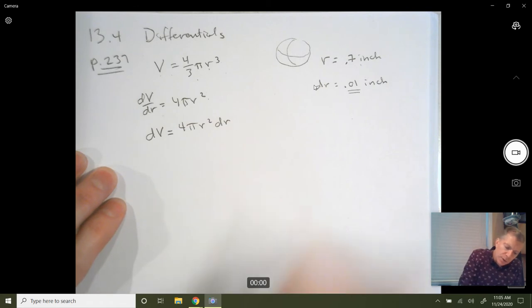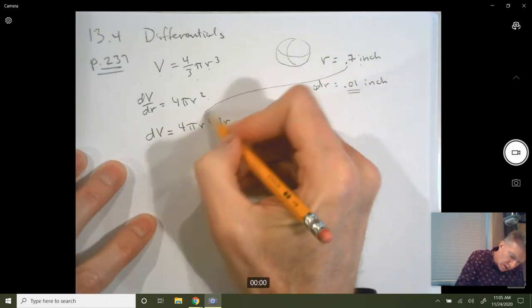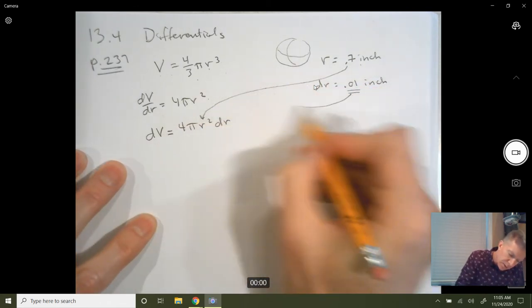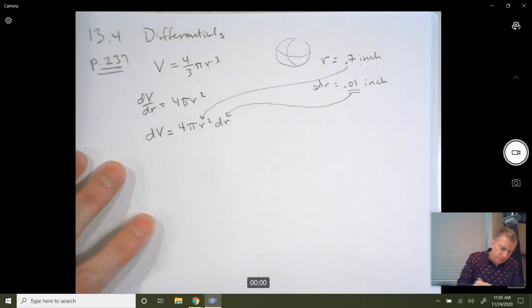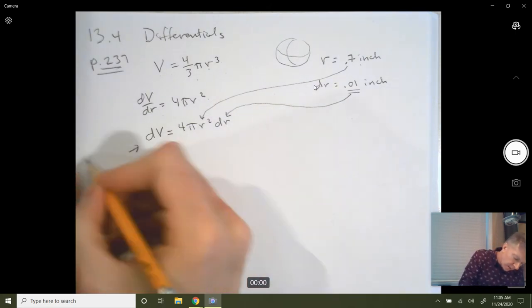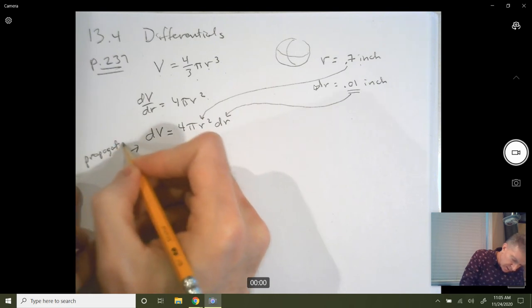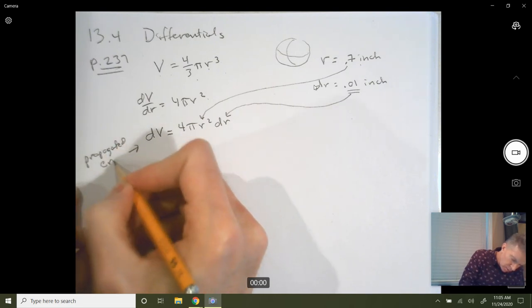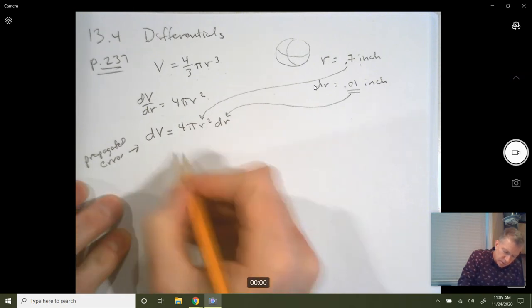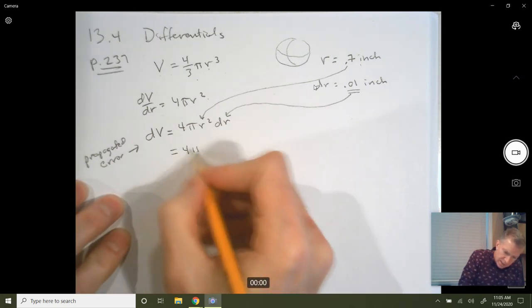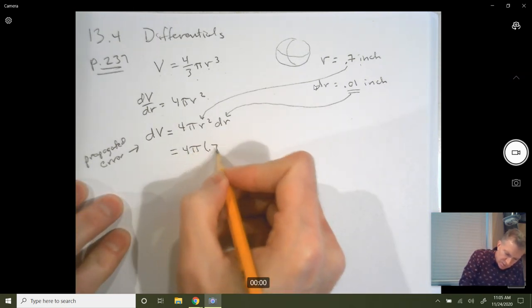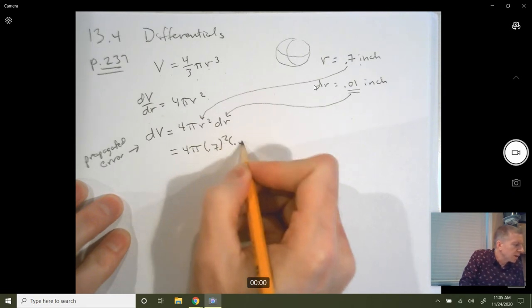We're putting the measurement into r, and we're putting the possible error into the dr. So our propagated error, or the differential, is going to be 4 pi times 0.7 squared times 0.01.